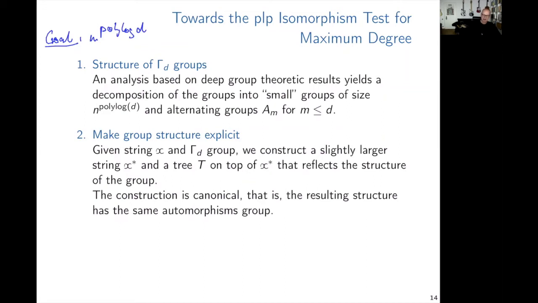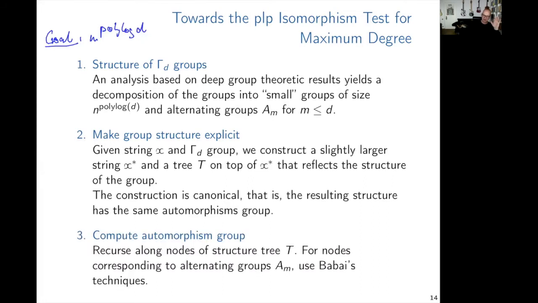The group has some hierarchical structure, and basically the nodes of the tree correspond to the subgroups appearing there in some way. Okay, and the construction is completely canonical. So the resulting structure still has the same automorphism group. But now we have this explicit encoding of the group there.